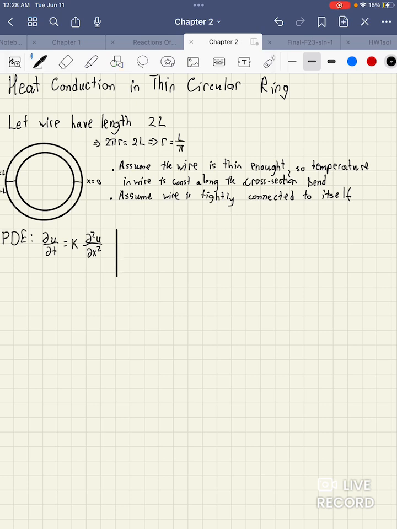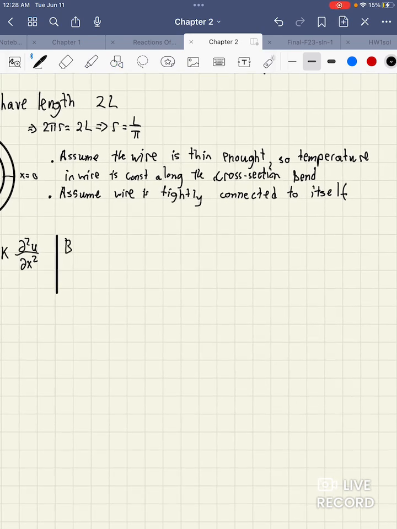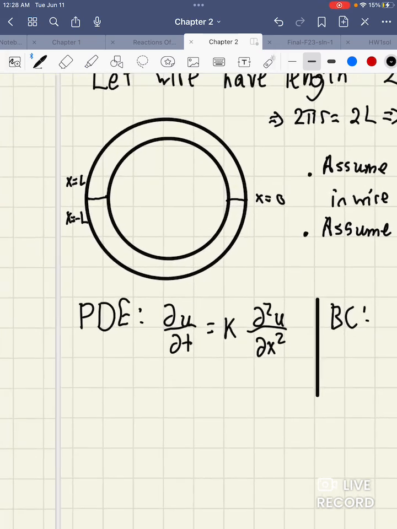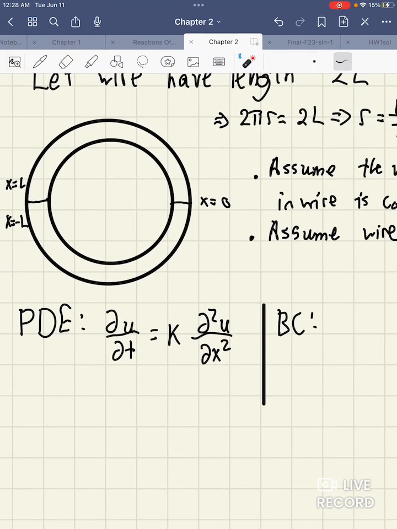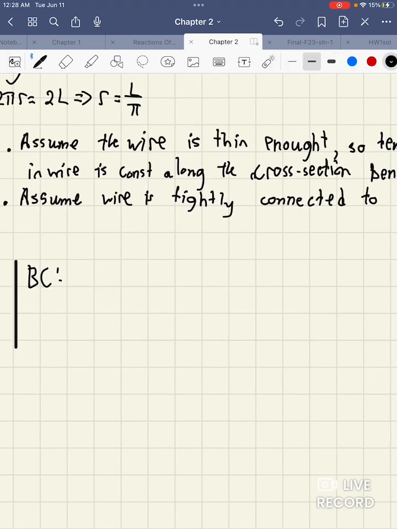Now let's talk about our boundary conditions. First of all, the temperature. Since the ends are tightly connected, we expect that the temperature at these positions must be the same. So we will say that the temperature u of negative L at certain times t is the same as the temperature u of L comma t.